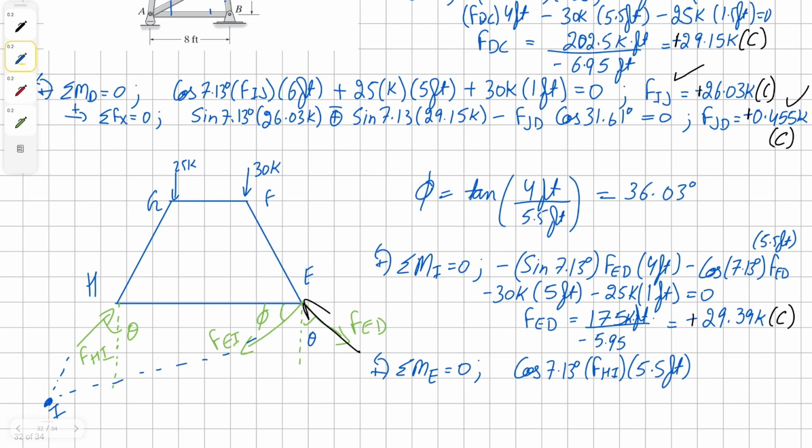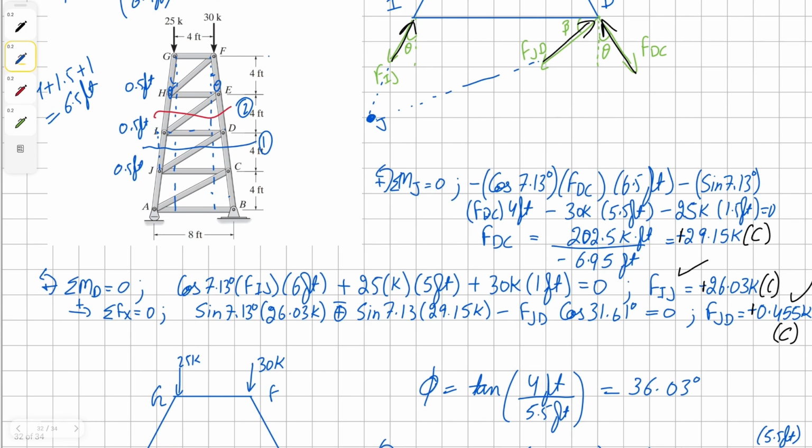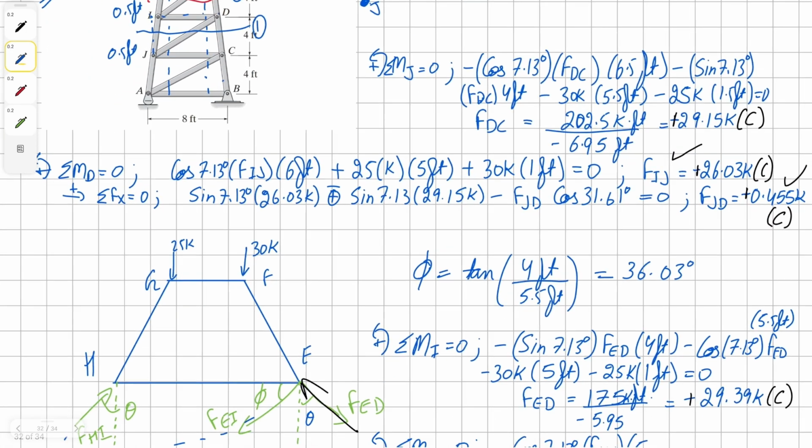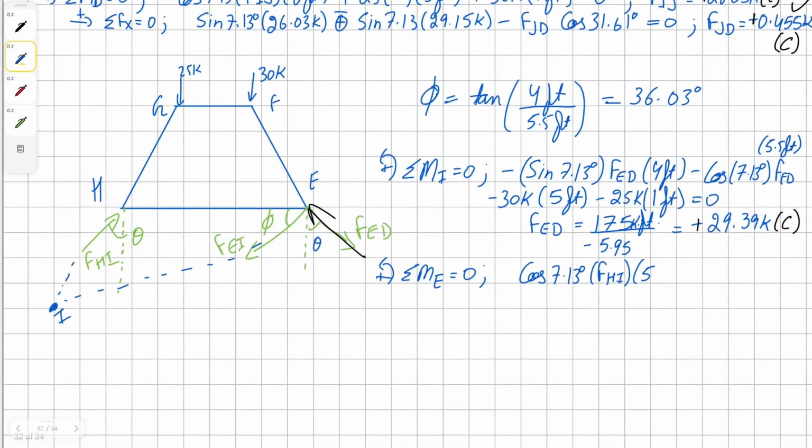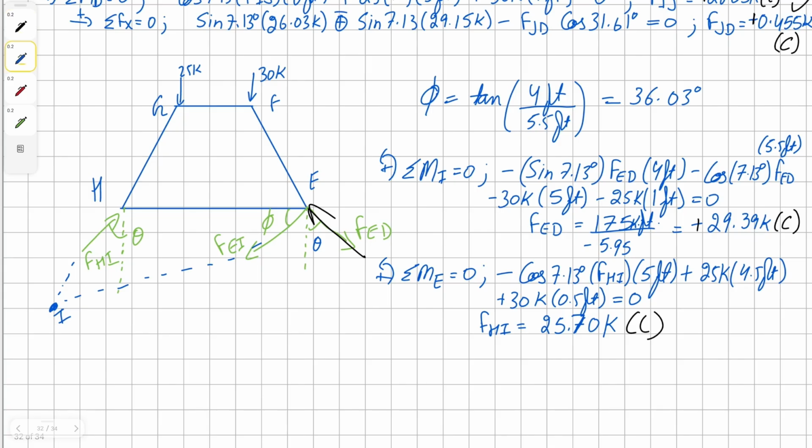Pardon me, it's 5 feet away, not 5.5, because this time we're looking just one level below the member GF. Then we're going to have the external reaction forces. Both are counterclockwise, all equals to 0. Solving for force HI, we get our solution as 25.67K, positive. And this member is in compression.